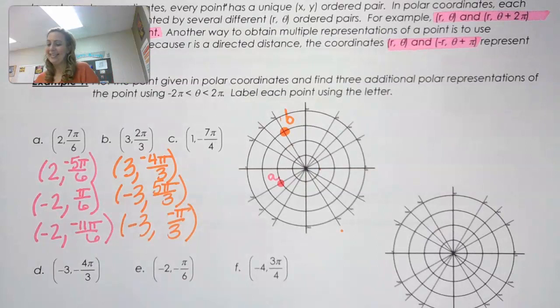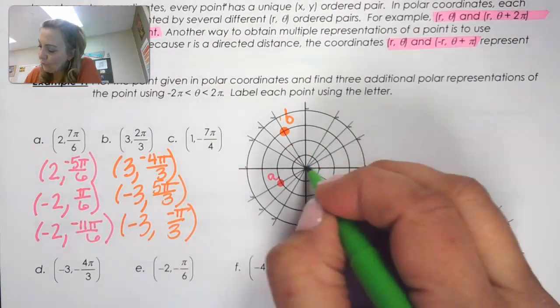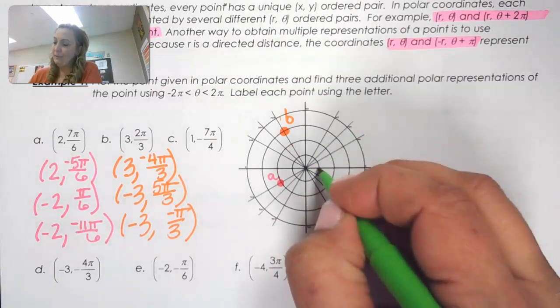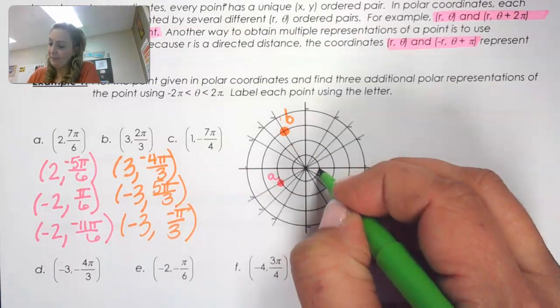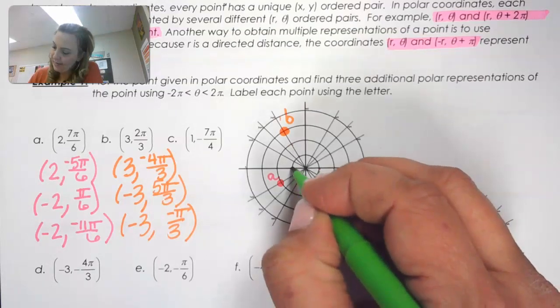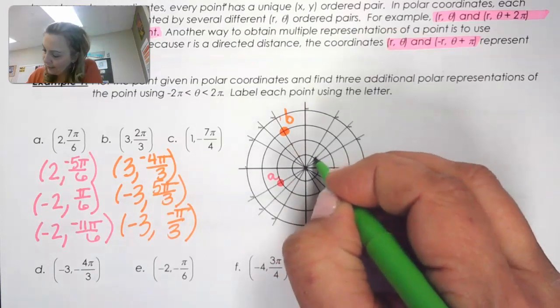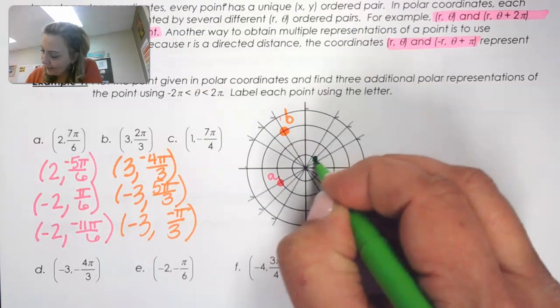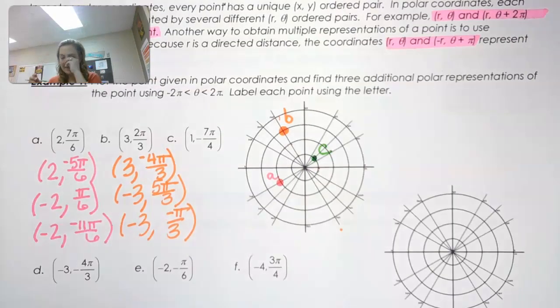How about C, (1, negative 7 pi/4)? So we could go over to 1, and then we would want to go negative 7 pi/4. So I'm going to go in this direction. So negative 1 pi, negative 1 3/4 pi. And so that gives me (1, negative 7 pi/4).